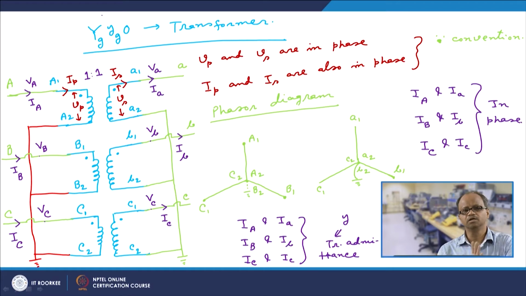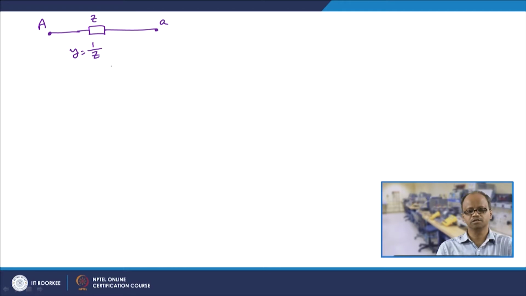But here in this analysis we are simply neglecting the magnetizing shunt branch. So, from point A, this is point A and this is point A, we would be getting some impedance Z, and Y is nothing but 1 by Z. Here essentially magnetizing shunt branches are neglected.